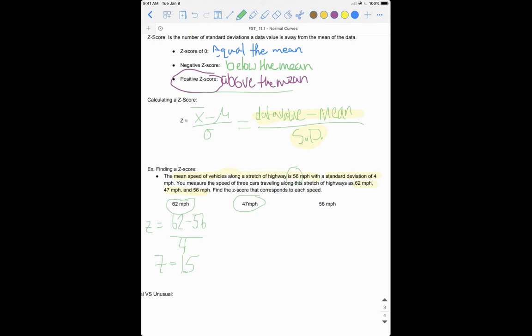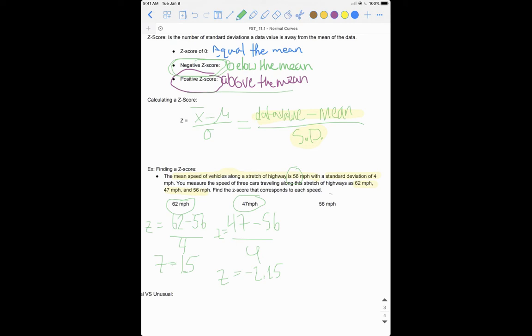47 is below the mean, so we should get a negative z-score. So let's see what we get. 47, z equals 47 minus 56 divided by 4, and you should get a z of negative 2.25. So that tells us we're below the mean by 2.25 standard deviations.